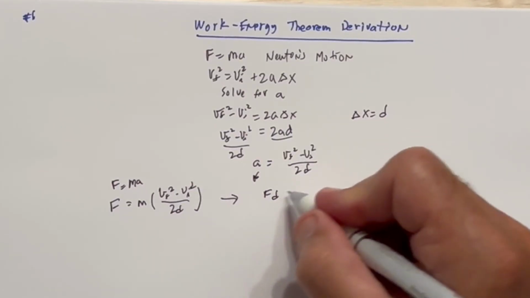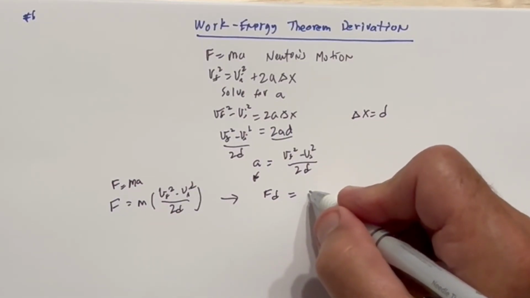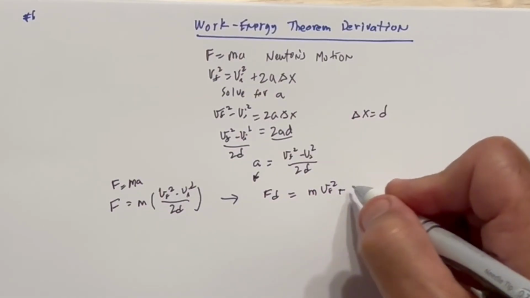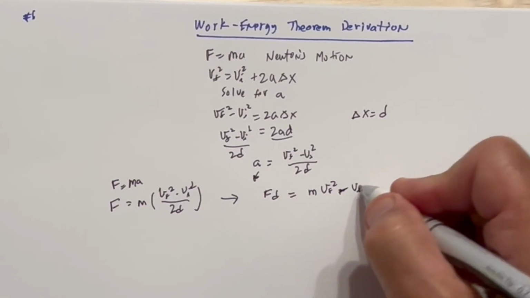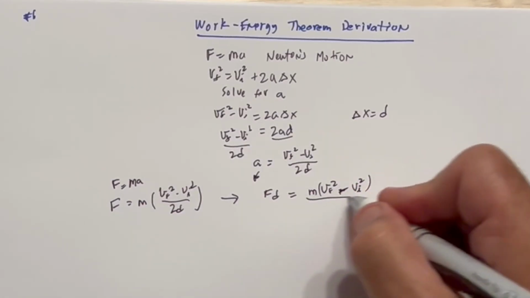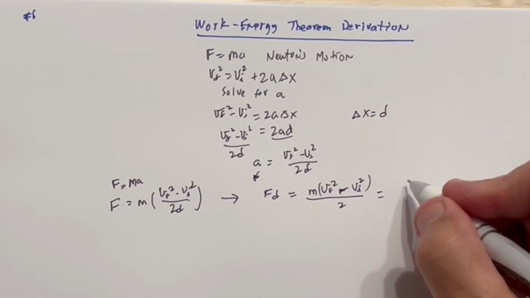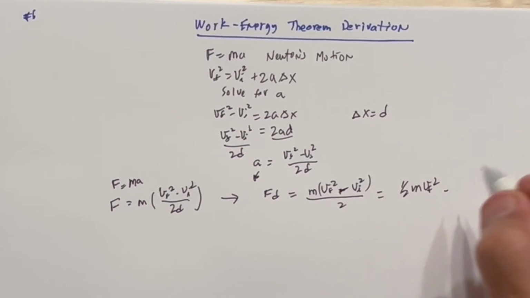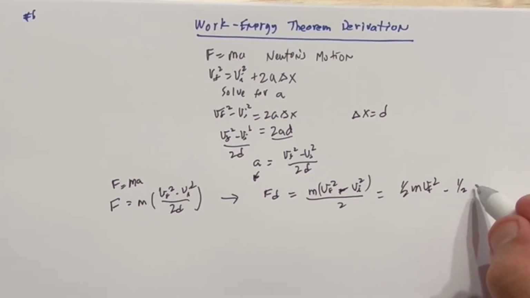So we get Fd is equal to m times Vf squared minus V initial squared, that quantity, and then divided by 2. That can be just written as 1/2 mVf squared minus 1/2 mVi squared.